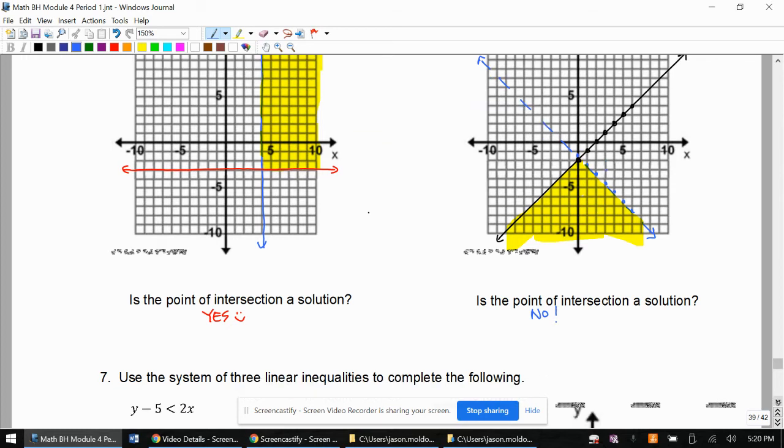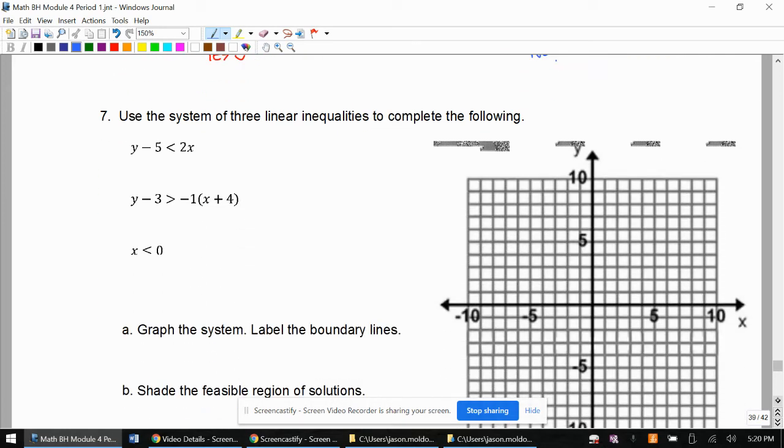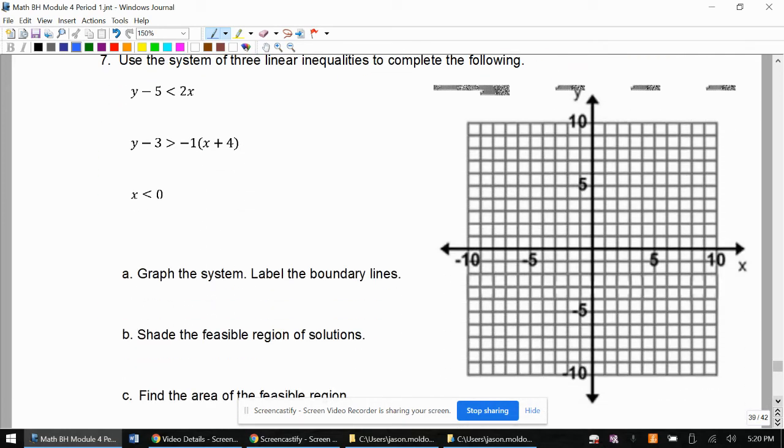Number 7, we have 3 linear inequalities. First one, let's rewrite this one.